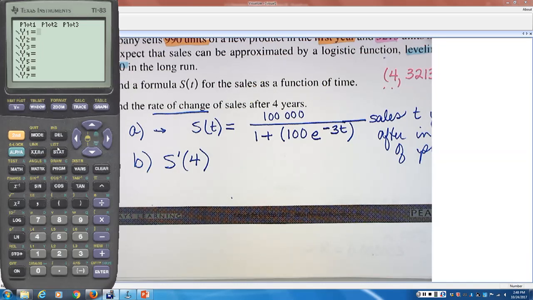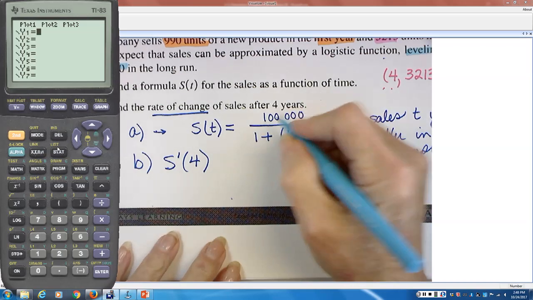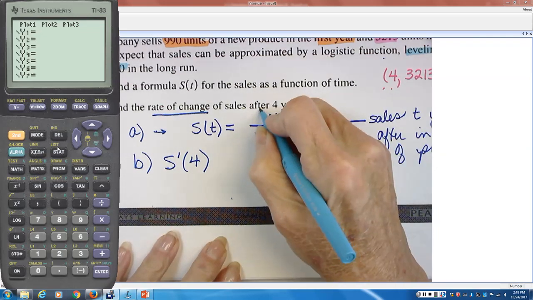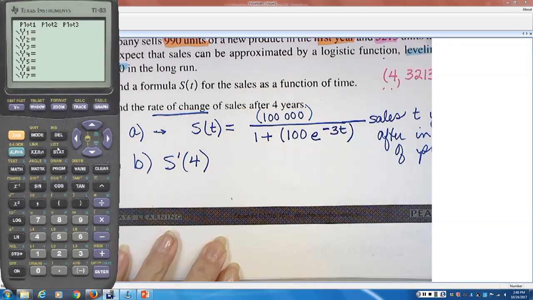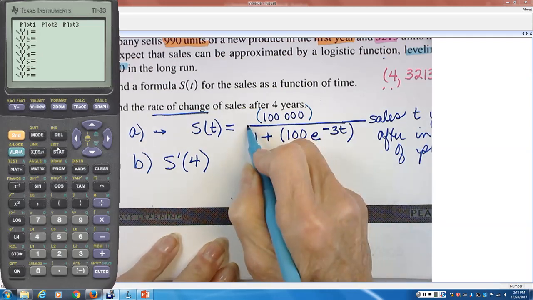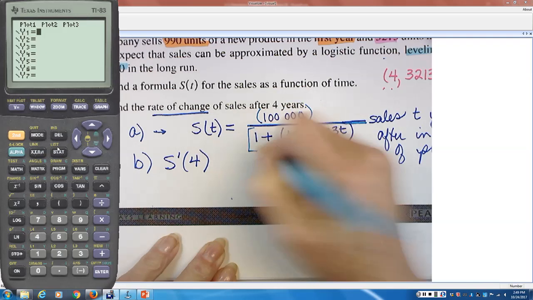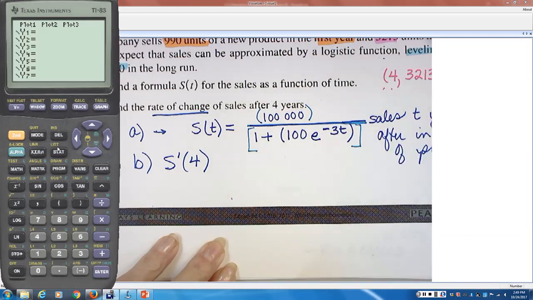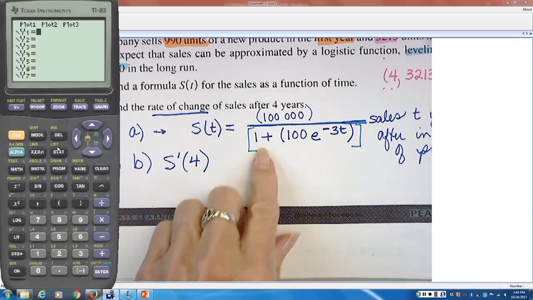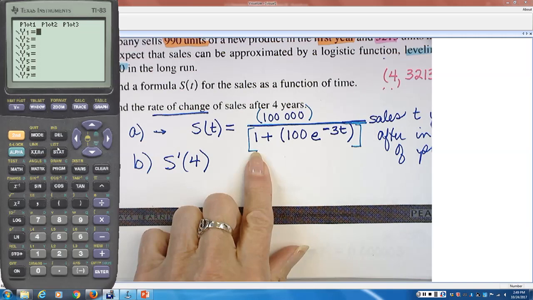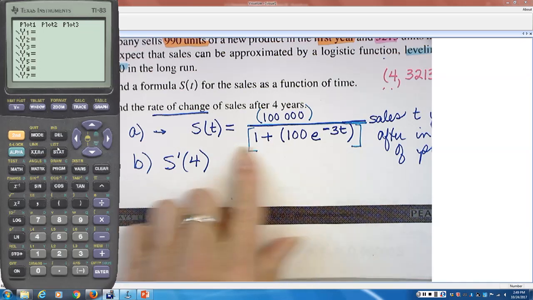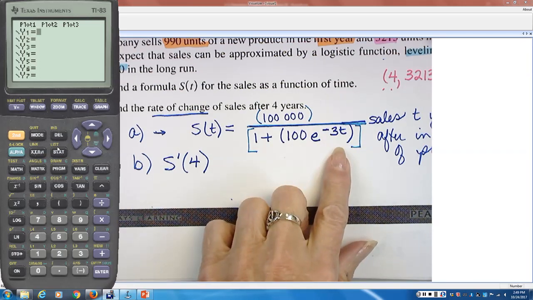So let's talk about parentheses right now. This is your numerator. You don't necessarily have to have parentheses around the numerator. This is your denominator, everything underneath the line. You do need parentheses around that whole thing because it has to do this in the correct order. So you're actually going to be required to have 2 sets of parentheses in your denominator.